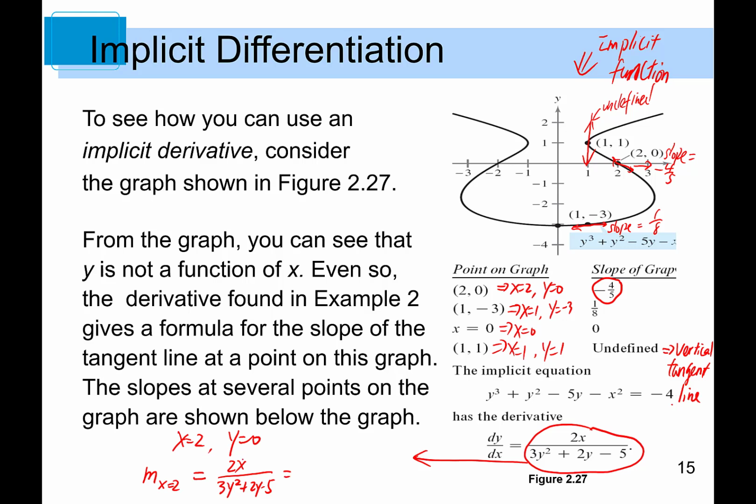Then replace x with 2, y with 0. So 2 times 2 over 3 times 0 squared plus 2 times 0 minus 5. So it's 4 over -5. That's why we have a -4 over 5. So that's how you find the slope of a tangent line.